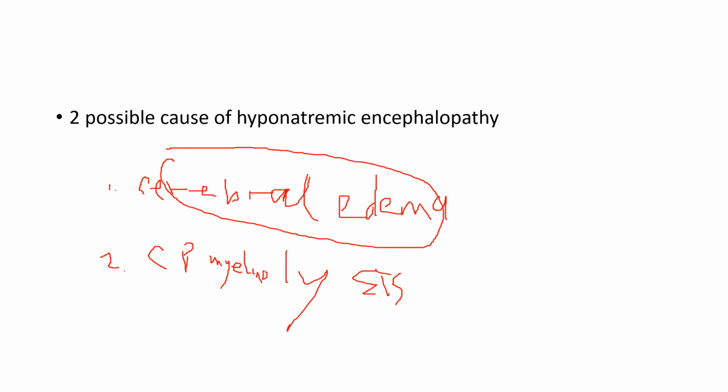The second possible cause is the rapid correction of hyponatremia by hypertonic saline, will produce what's called central pontine myelinolysis.